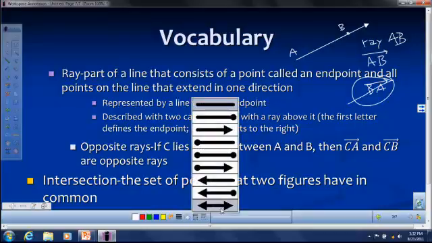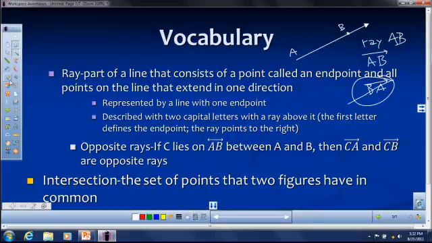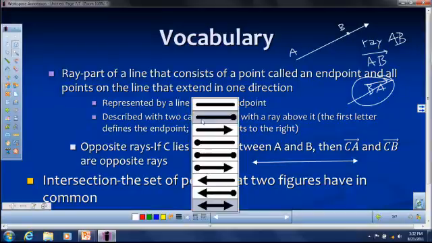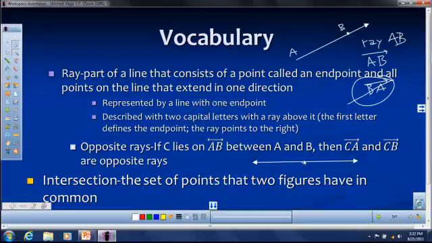If I draw a line, and let's say I put 3 points on there so that we have C here, A here, and B here.